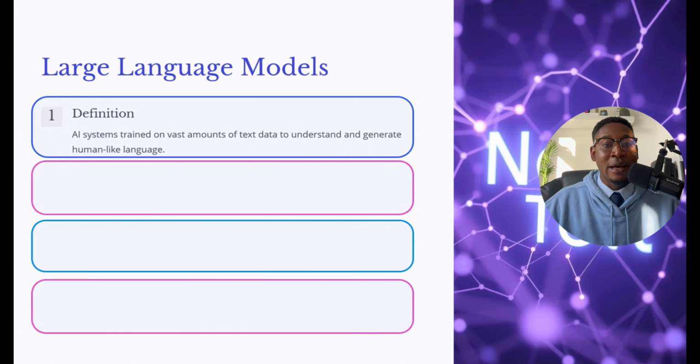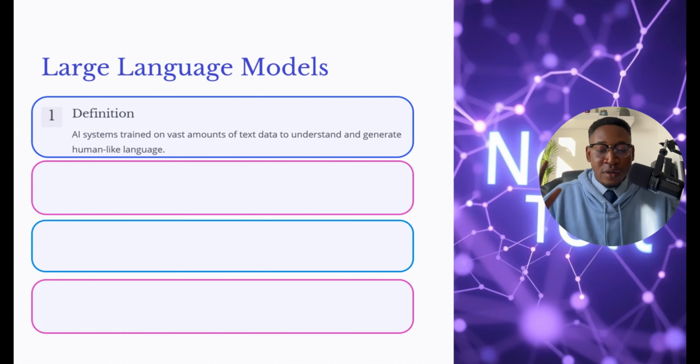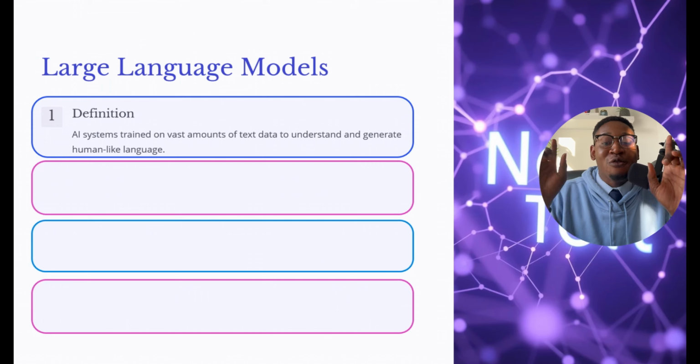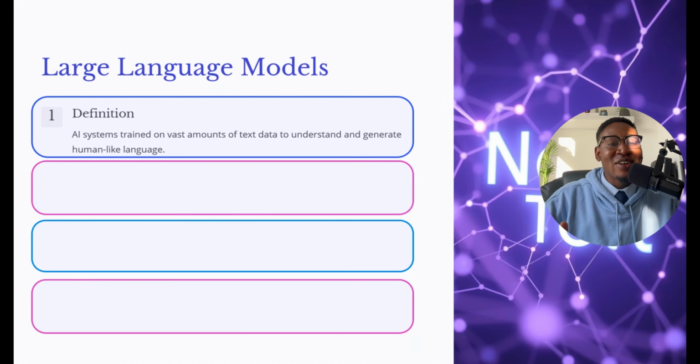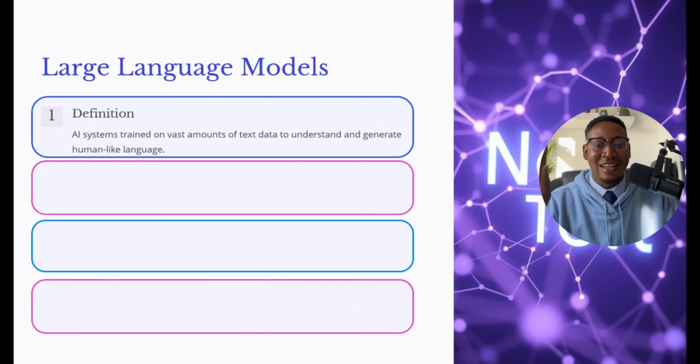I mentioned that big data, if you have data worth 100 million data sets, 1 billion data sets, then you are dealing with large language models. So they are trained on vast amounts of text to understand and generate human-like language.